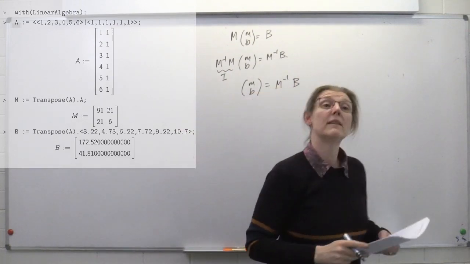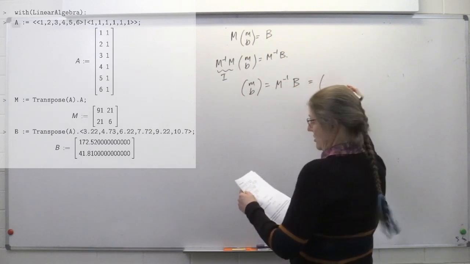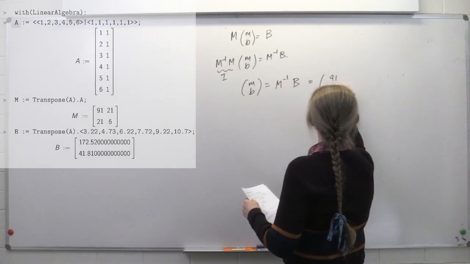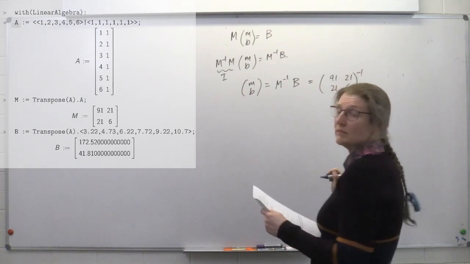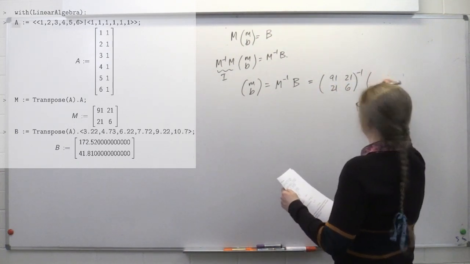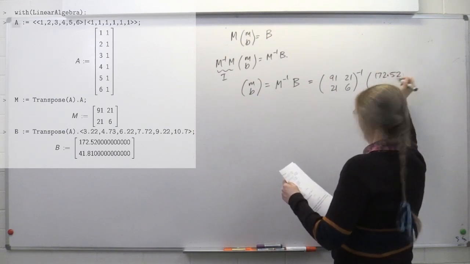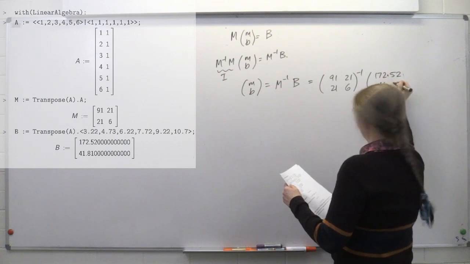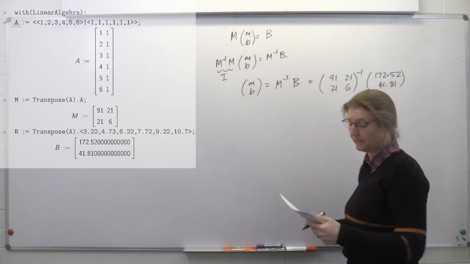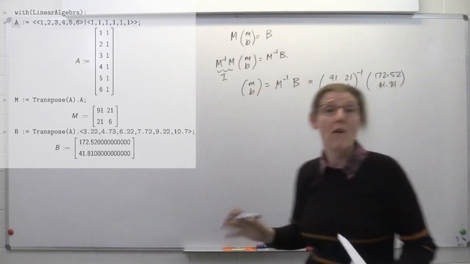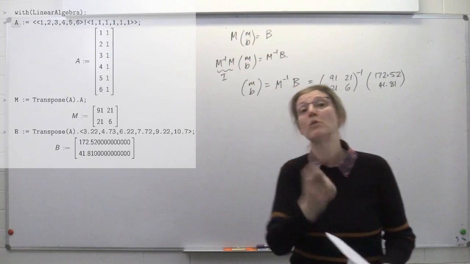Now we're going to stick in the Maple outputs. So this is equal to 91, 21, 21, 6 inverse times our B, which is 172.52 and 41.81, according to the Maple output. Now we're on our own, but that's okay. We can now do this inverse because it's a 2 by 2.